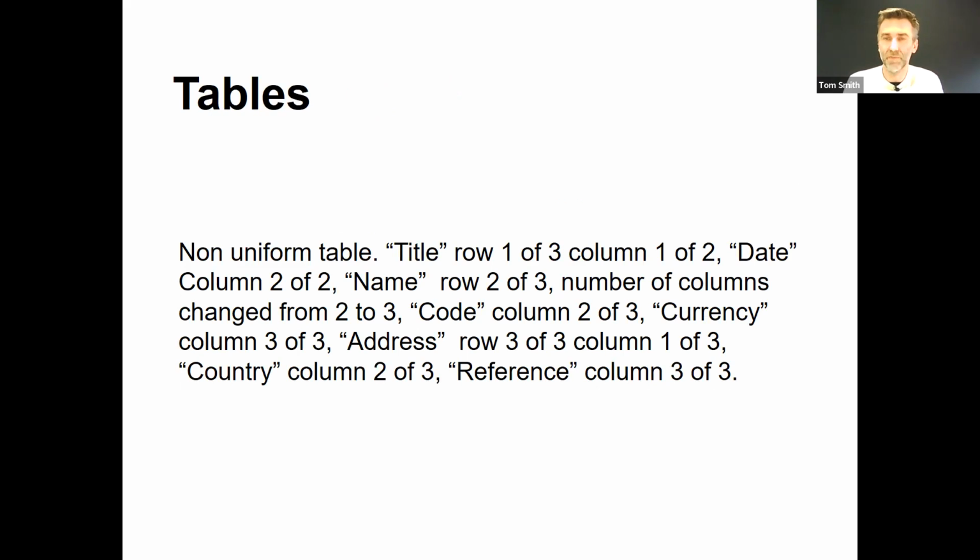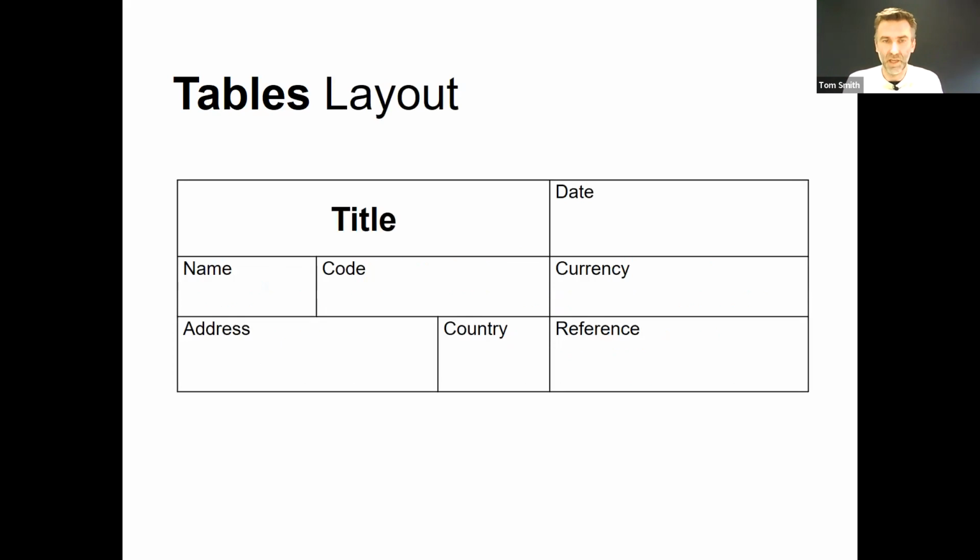From an accessibility point of view, it was very accurate. There was a title and date at the top, and after it read out the date in the table, it quite rightfully said that there were 2 columns and now there are 3 columns. But it's very hard to picture all this information in your head.